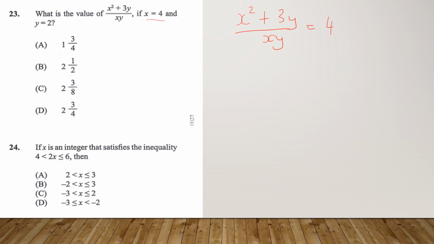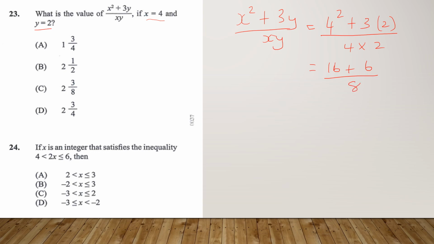So 4 squared plus 3. Wherever I see y, I'm going to replace it with 2. And that will be 4 times 2. That's 16 plus 6 over 4 2s are 8.